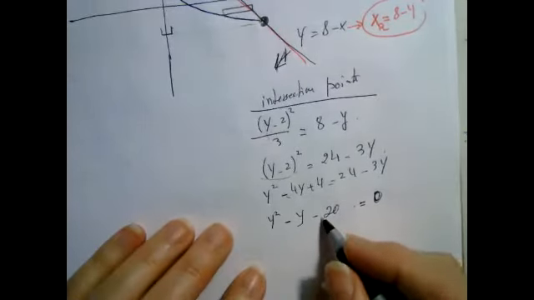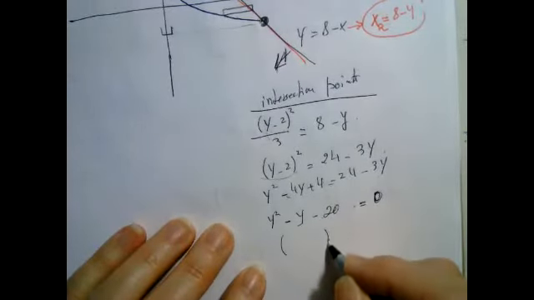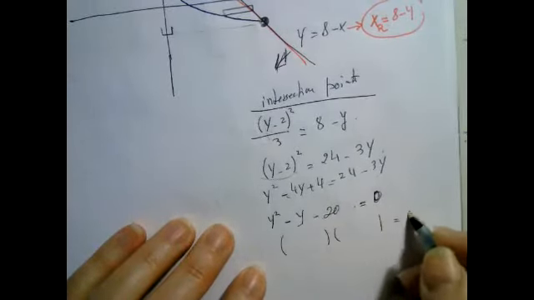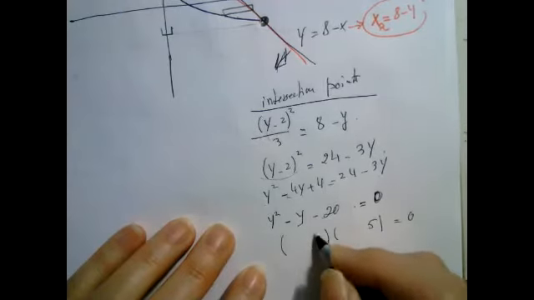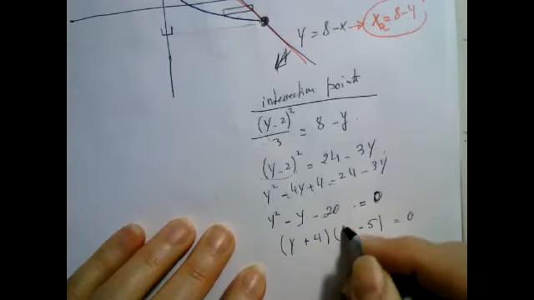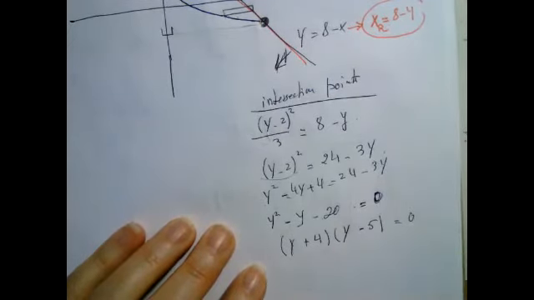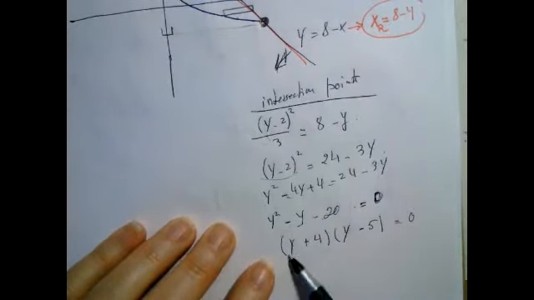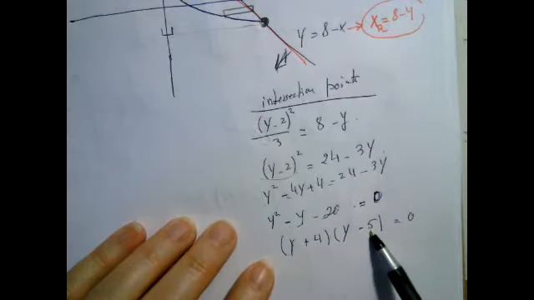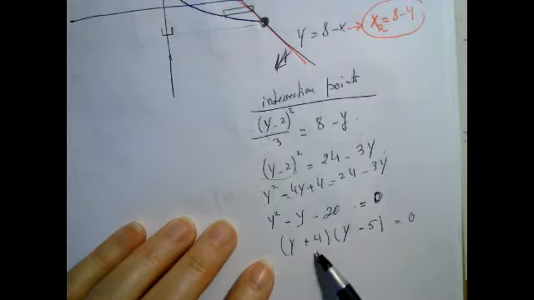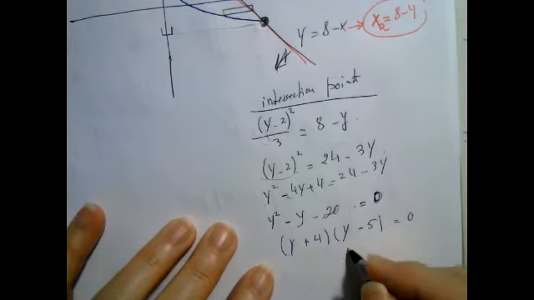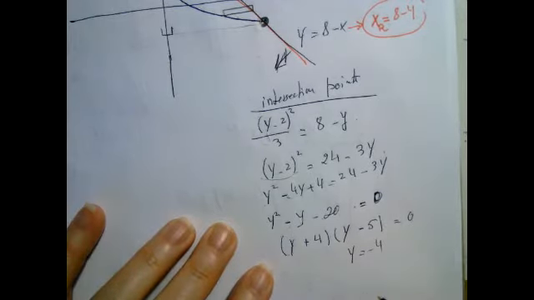I think we can factor it because of the 20: 5 and 4, with a minus, so it's going to give me (y plus 4)(y minus 5). I usually check back: y squared minus 5y plus 4y gives me minus y, minus 20. So y equals minus 4 and y equals 5.